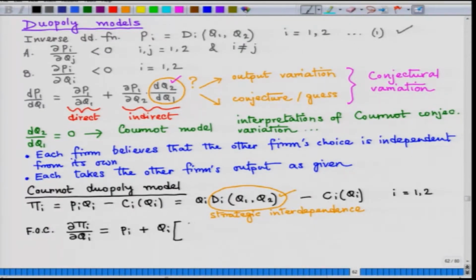Now, this is going to be a little complicated here because there is strategic interdependence between these two firms. One responds to the other's output decision.